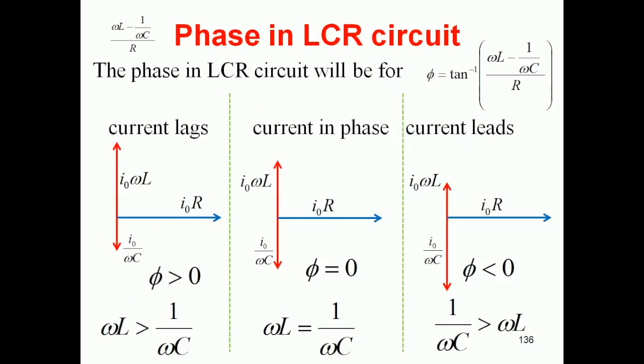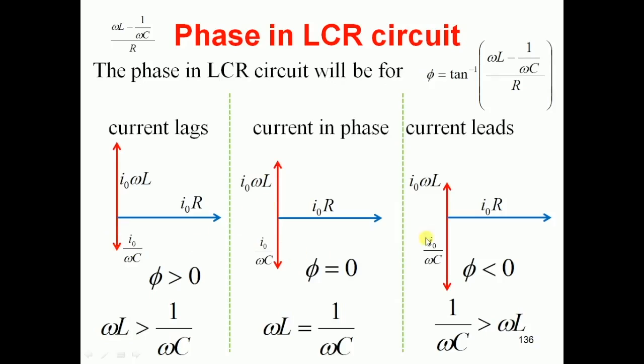Now here you can see this slide where we try to show that phi is positive, phi is 0, and phi is less than 0, that is negative. So here omega L is greater than 1 over omega C, and here the height of this arrow above the x-axis is more than below the x-axis.